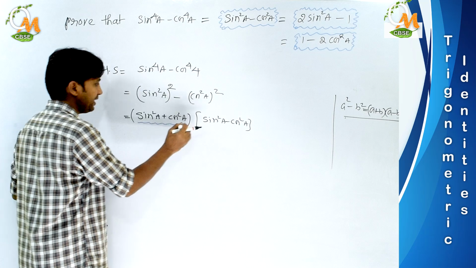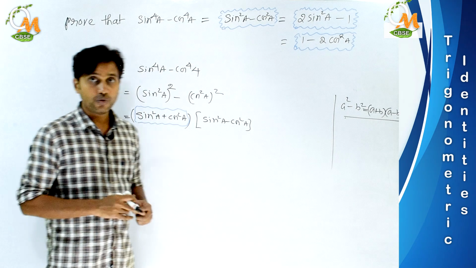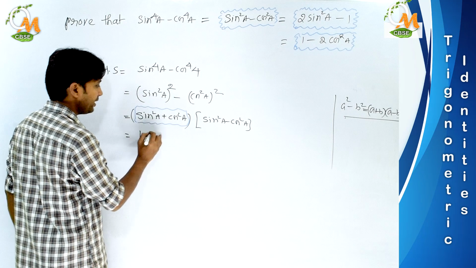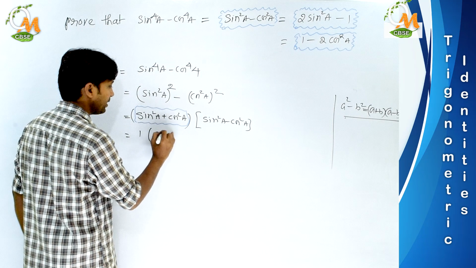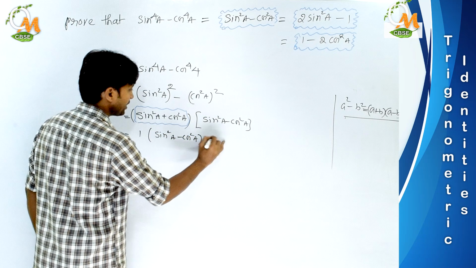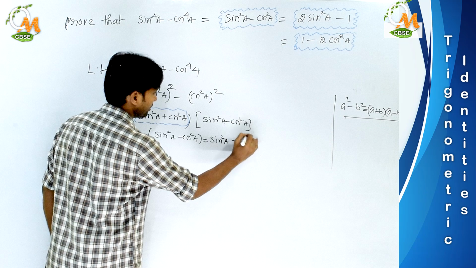Is this the first trigonometric identity or not? Exactly. So the value of it would be 1. So let us put down 1 into sine square a minus cos square a, which is equal to sine square a minus cos square a.